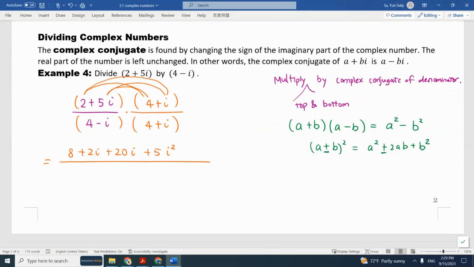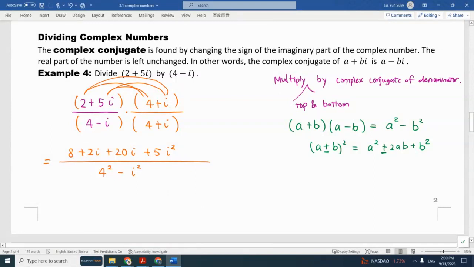Look at your denominator. See, we're using this formula. What does that equal to? 16. Yes, good. So 4 squared minus i squared. If we just use the rule directly, a plus b, my a is 4, my b is i. So that equals a squared, which is 4 squared, minus b squared, which is i squared.